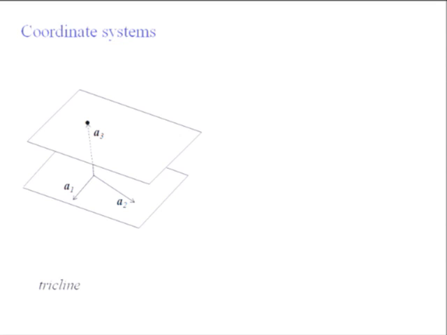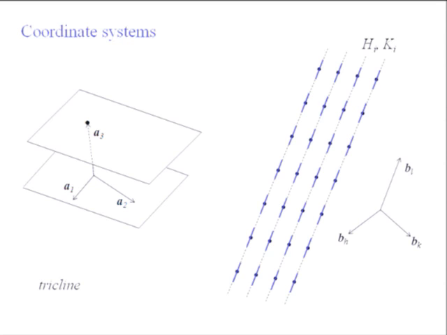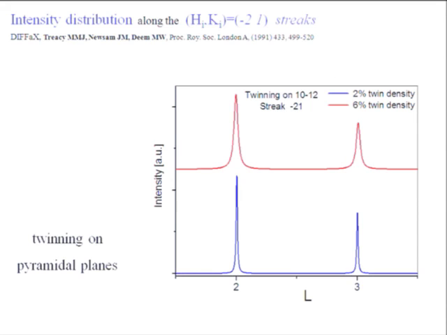You are bound to use, or it is advantageous to use, a triclinic system, which can be correlated with the streaking in reciprocal space by the third reciprocal space vector lying along the streaking direction.